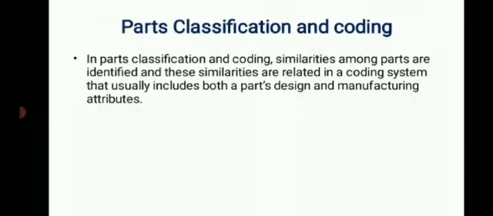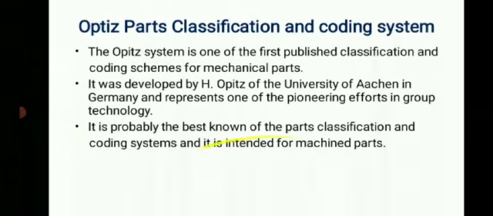In part classification and coding, the similarities among parts are identified, and these similarities are related in a coding system that usually includes both part design and manufacturing attributes. The OPTIS system is one of the first published classification and coding schemes, especially for mechanical parts.